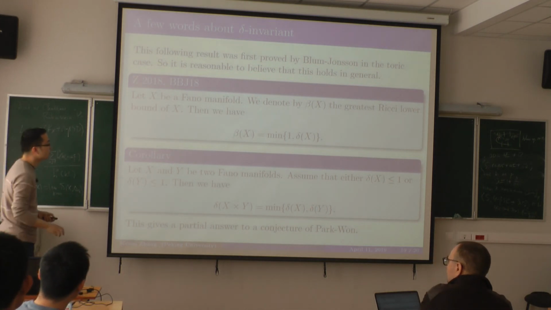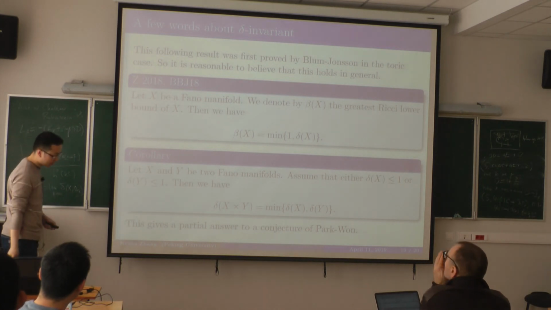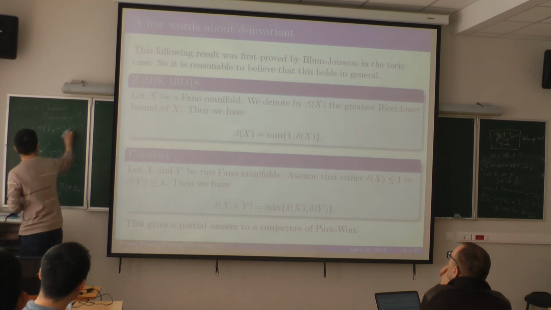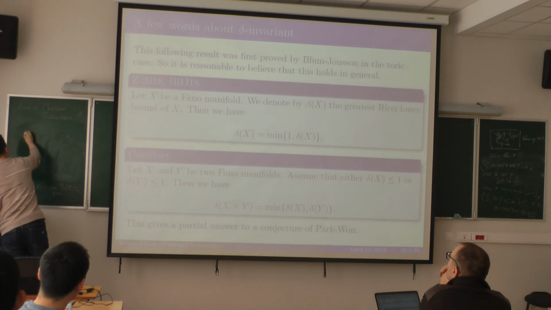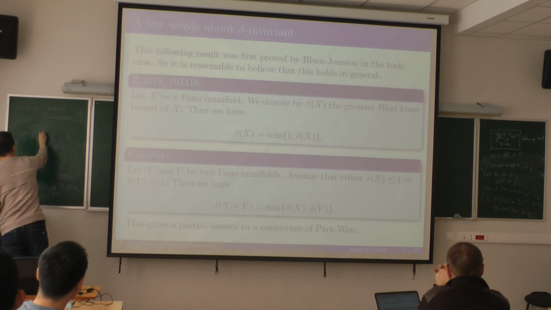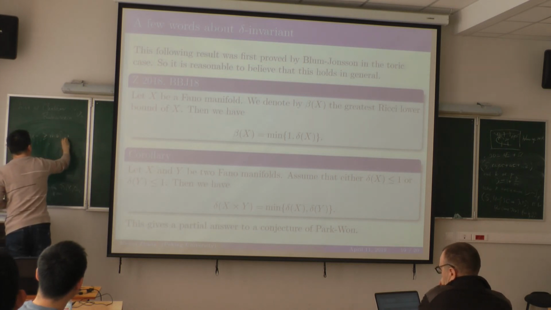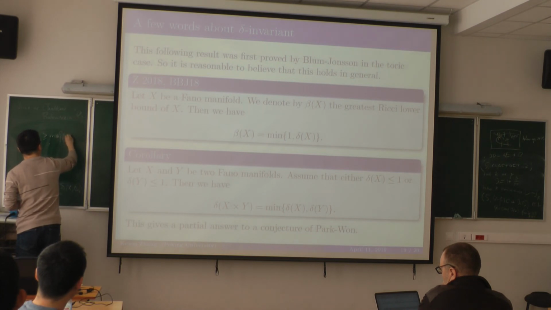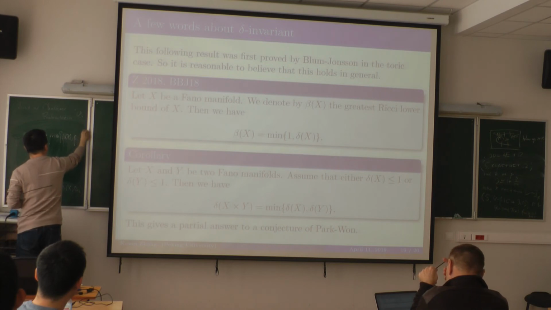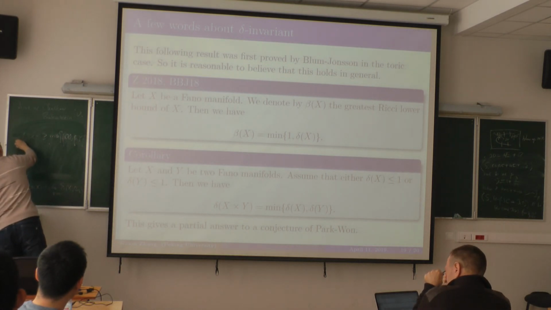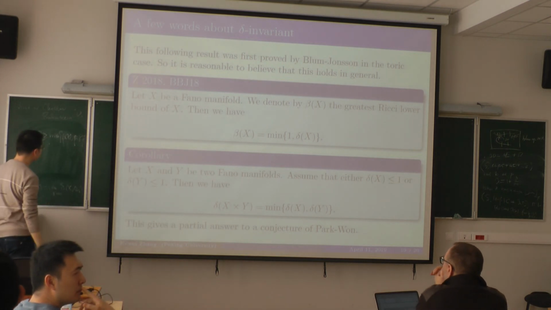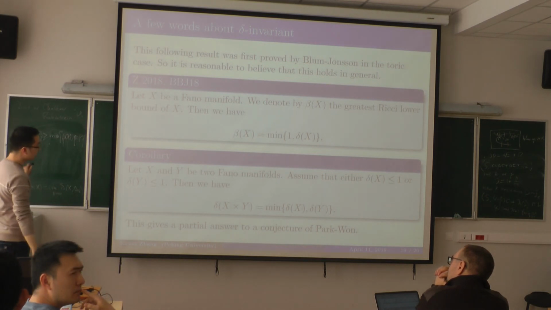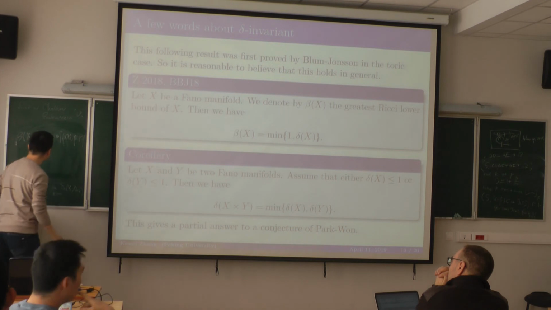The reason is very simple, because from an analytic point of view, the beta for product manifolds, this is not hard to see just from the definition, because you can take the product metric of the two different manifolds, and so this direction is basically very simple from the definition.